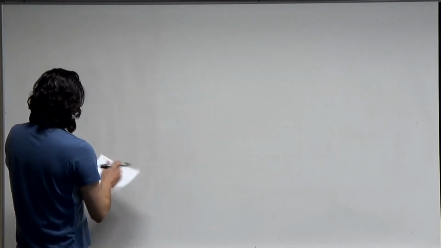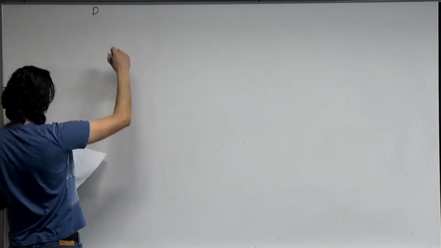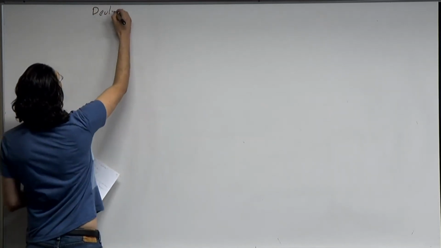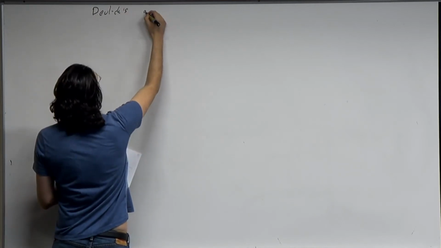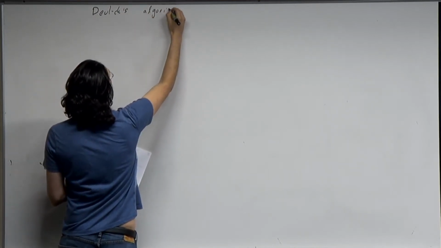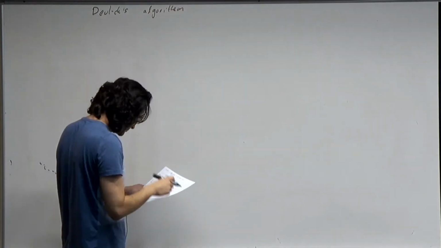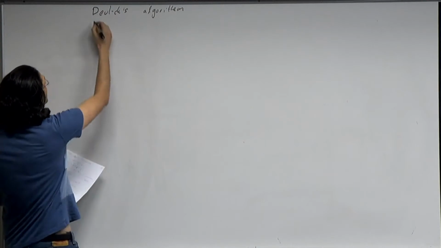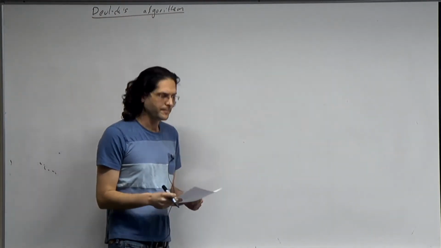So we left off last time with just showing an example of the simplest algorithm, Deutsch's algorithm. The idea of this algorithm is pretty simple. It's a one-bit algorithm.